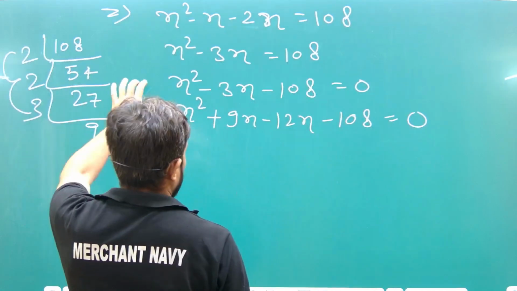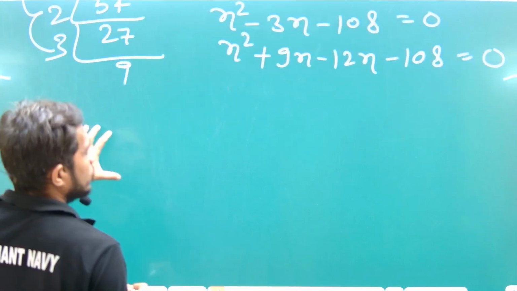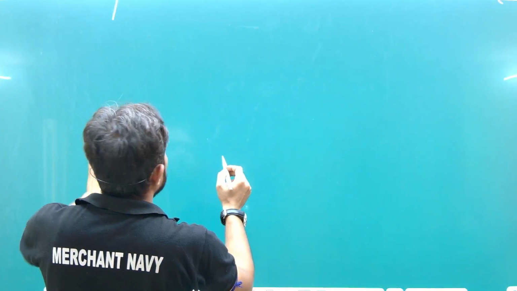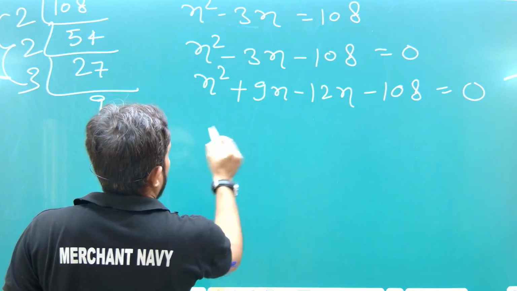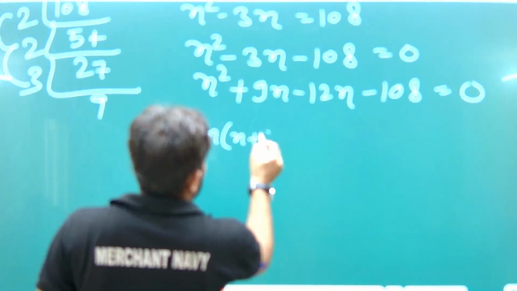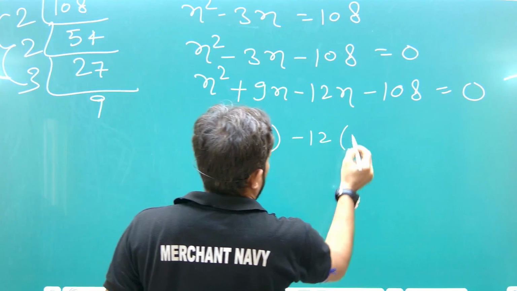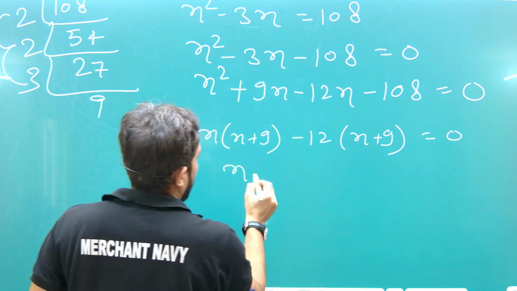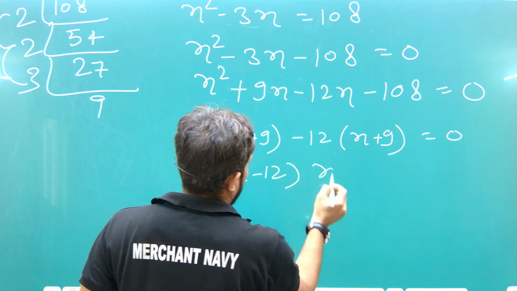On solving, you will get n common n plus 9 minus 12 common n plus 9 is equal to 0. So n minus 12 into n plus 9.